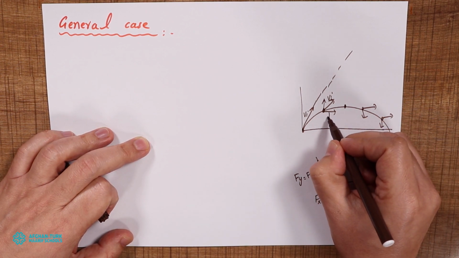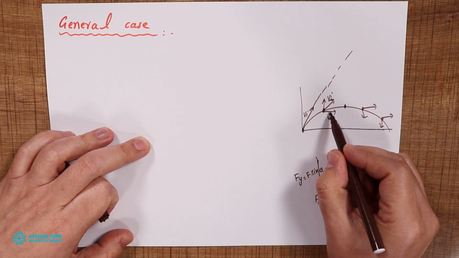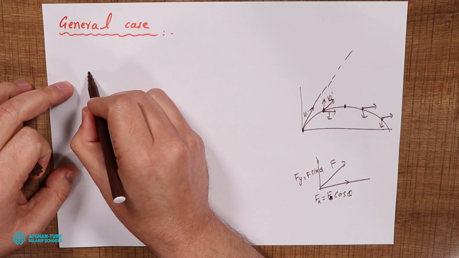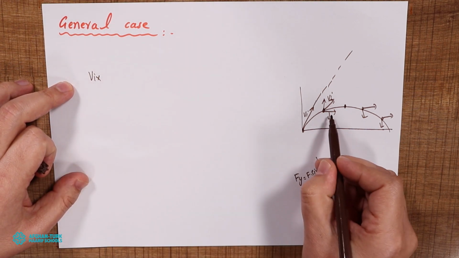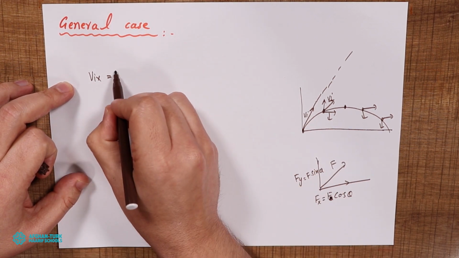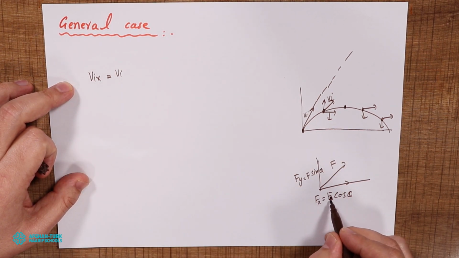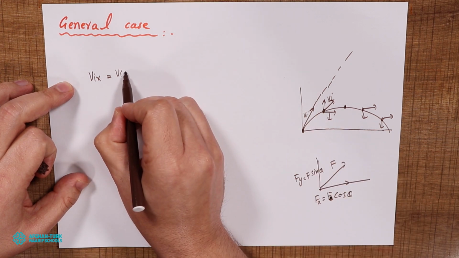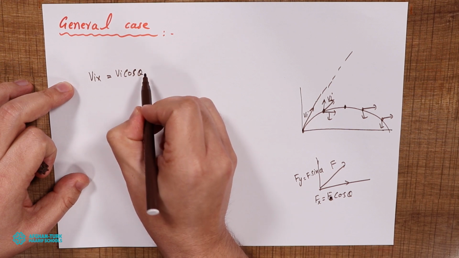So here this part is the base, which we can write as vix, the base side, which is equal to vi cosine theta, like here I wrote f cosine theta, so I can write here vi cosine theta.